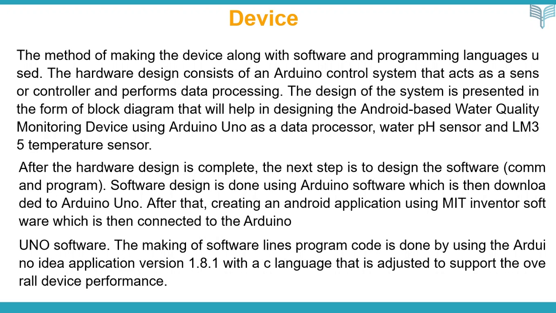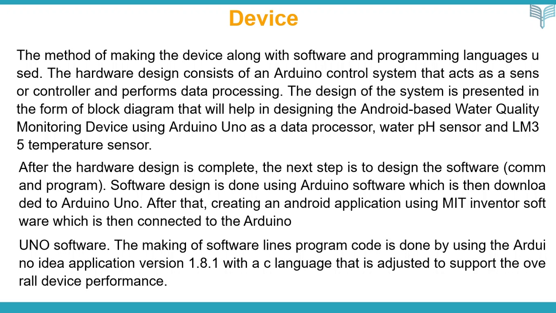The hardware design consists of an Arduino control system that acts as a controller and performs data processing. The design of the system is presented in the form of a block diagram that will help in designing the Android-based water quality monitoring device using Arduino Uno as a data processor, water pH sensor, and LM35 temperature sensor.